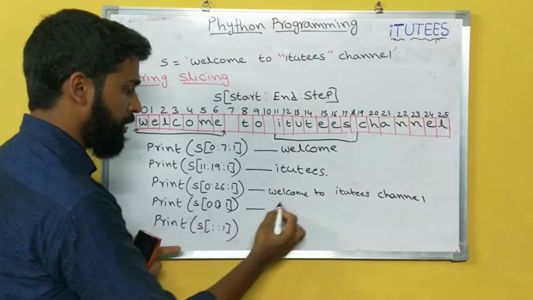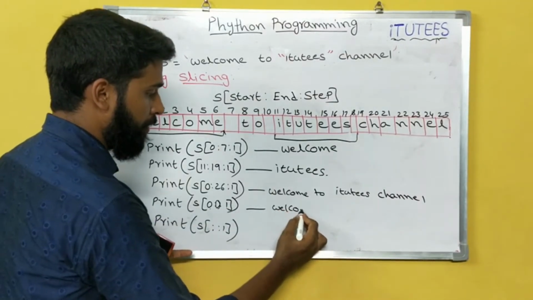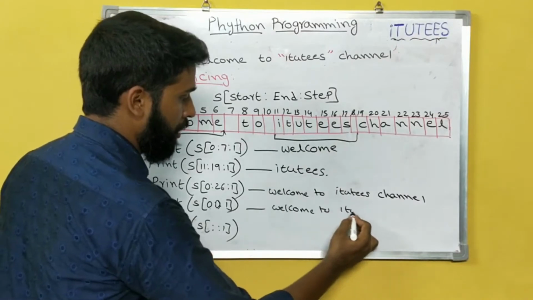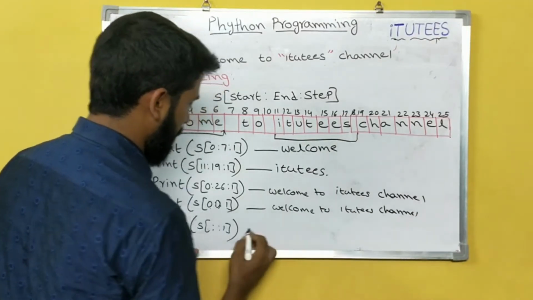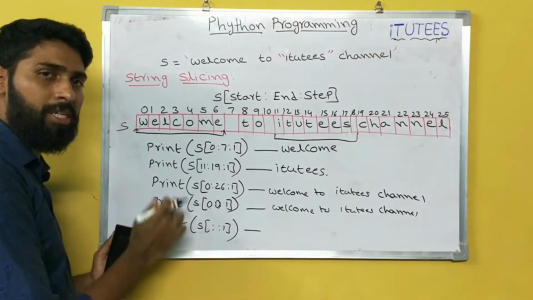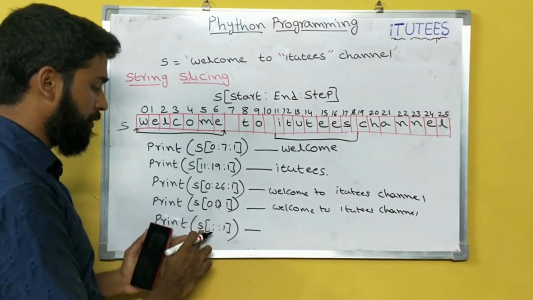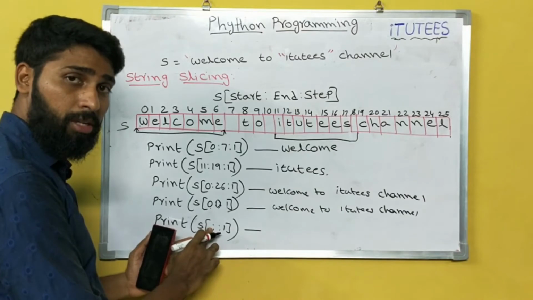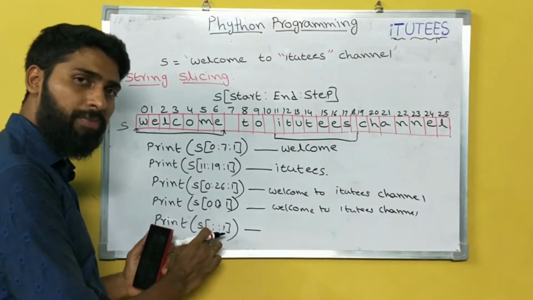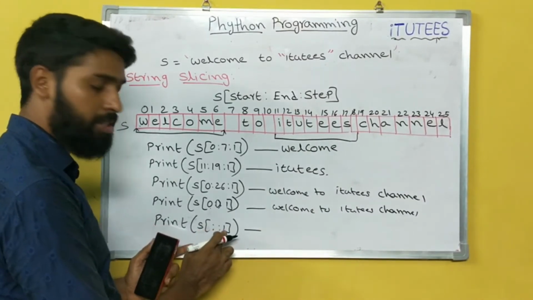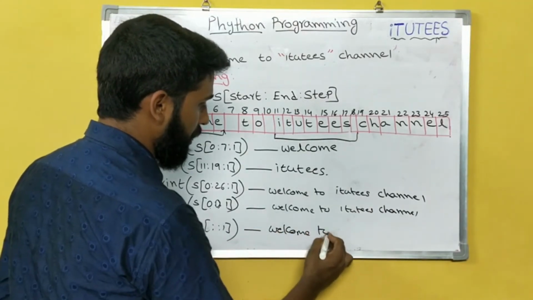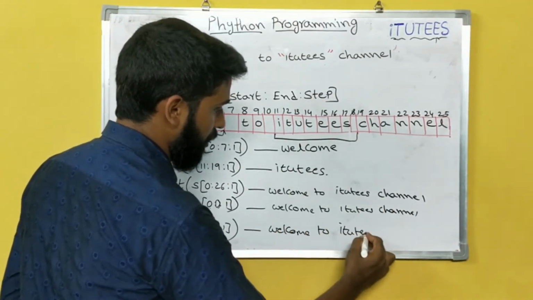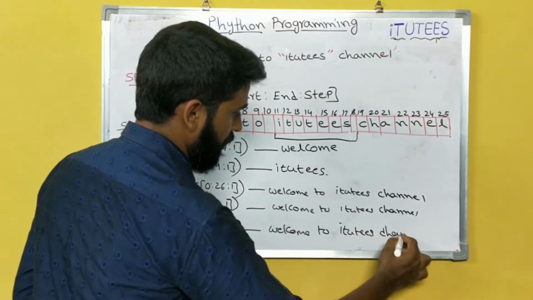That means it prints the same output: welcome to ITUTEES channel. It also returns the same output. S of, we are not giving anything, that means default 0, step is 1, so it also prints the same: welcome to ITUTEES channel.